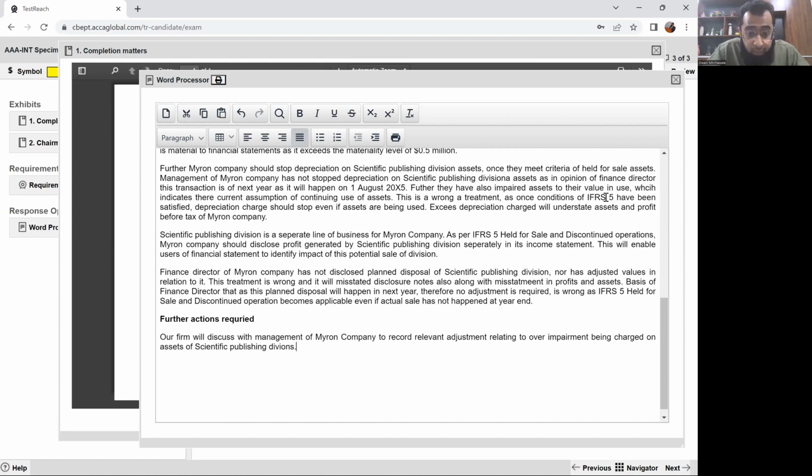Okay, scientific publishing division. Asset value needs to be increased by $1 million and impairment expense booked needs to be reversed by $1 million. Okay, so these are the further actions.